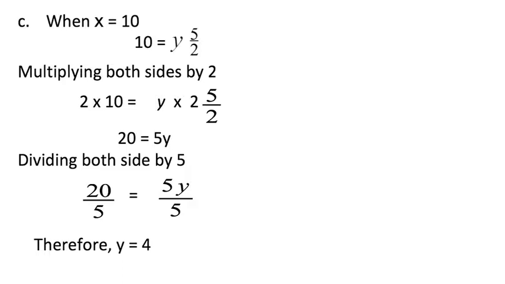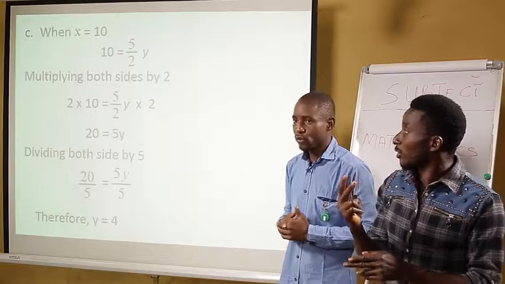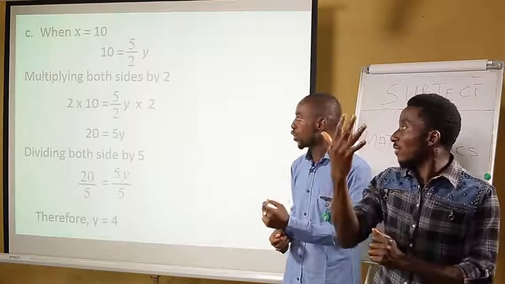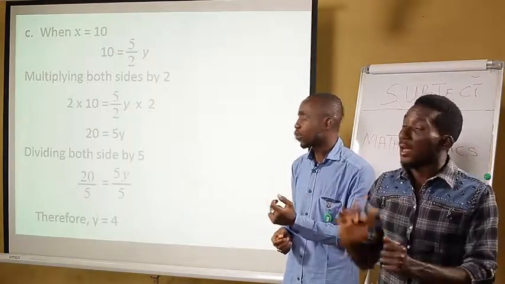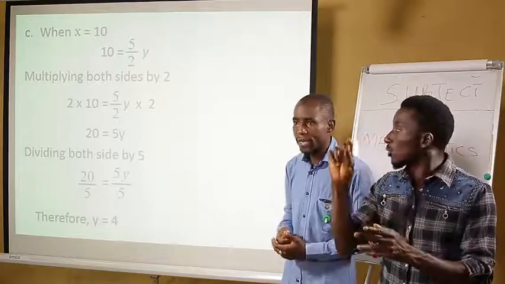Multiplying both sides by 2, we have 2 times 10 equals 5 over 2 y times 2. And 2 times 10 is 20. 2 at the denominator will cancel 2, and we'll be left with 5y. Therefore, our new equation will be 20 equals 5y.